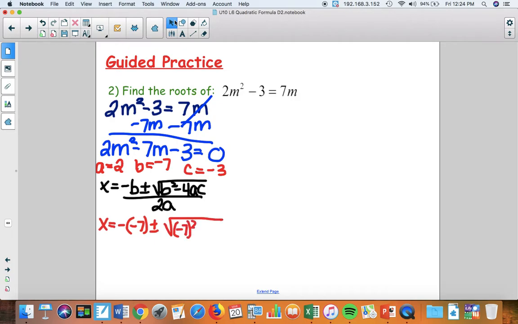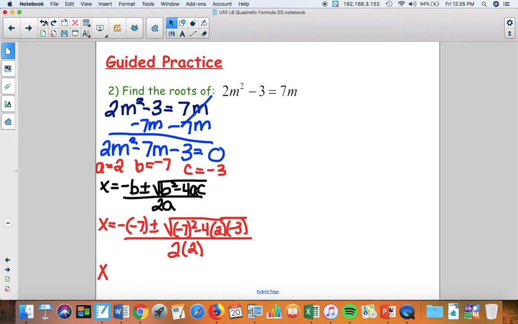Don't forget the parentheses either. A was 2. Now we want to find 3 numbers from here. We want x equals a number there, we want the number under the radical, and we want the number in the denominator.